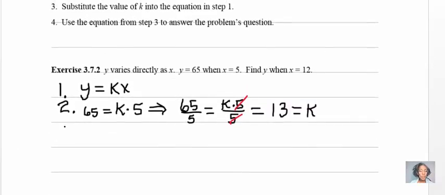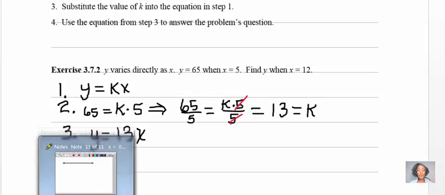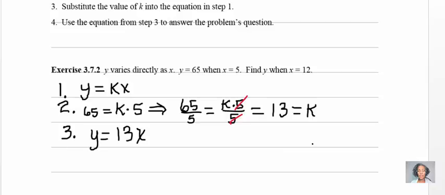Now for step 3, let's rewrite the equation in step 1, replacing k with its actual value, replacing the letter k with the numerical value that we found in step 2. And now let's use this equation to find y when x is 12. So y is 13 times 12.